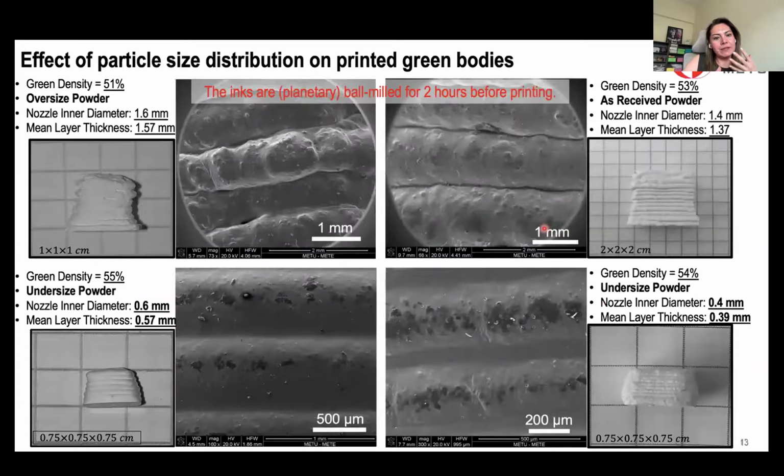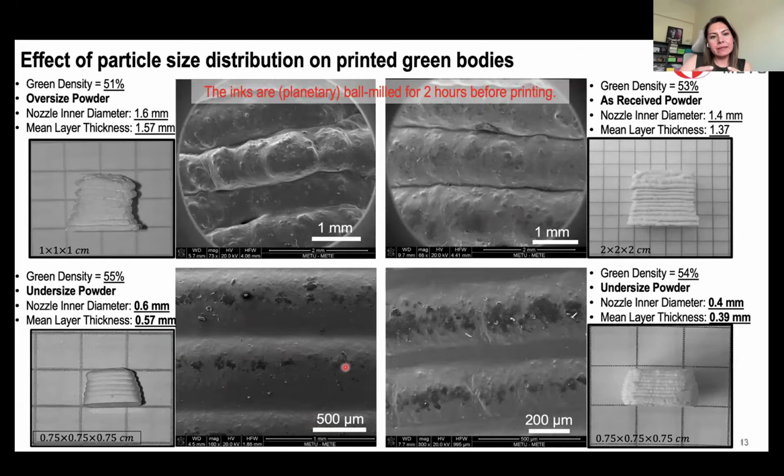Once we use those particles and form suspensions with the same additives and binders, they are all prepared the same way. The only difference is the agglomeration state of those particles. So with the oversized particles, we could obtain some shapes, but with SEM, you can see very large heterogeneities in their surfaces. With as received powder, it looks nice, but you can still recognize some agglomerates. With undersized powders, even at higher magnifications, we couldn't see any obvious aggregates.